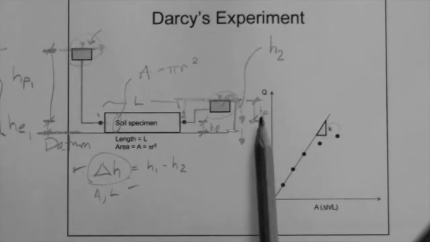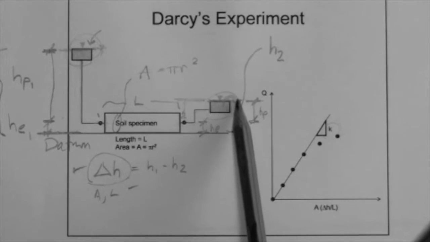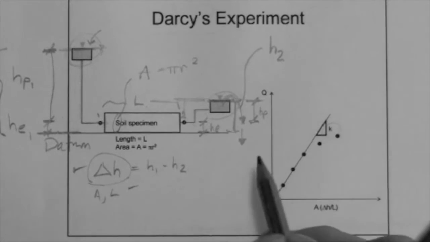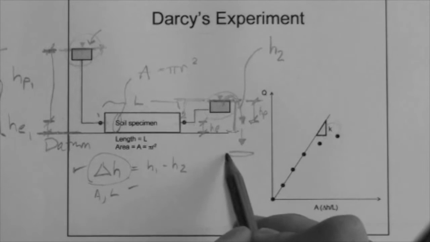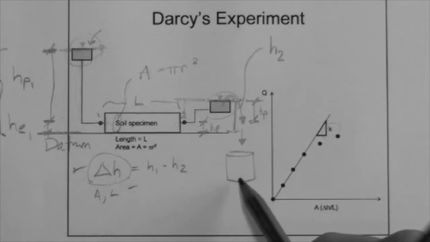Now, I'd like you to focus your attention on the water that is coming out here and overflowing from this reservoir. What Darcy did was he took a cylinder and he collected the water.